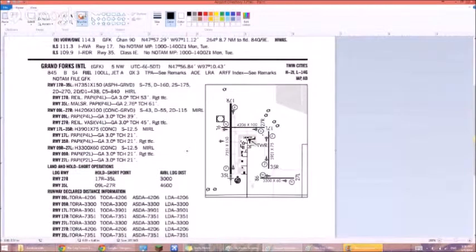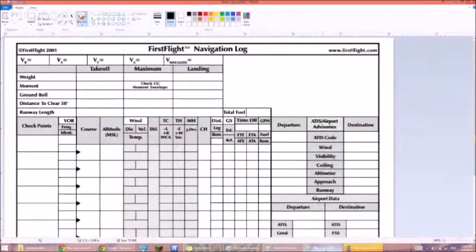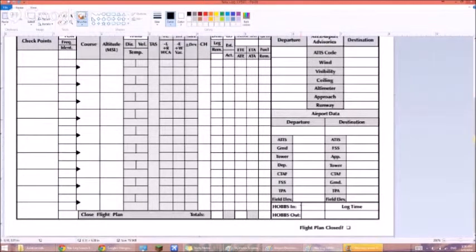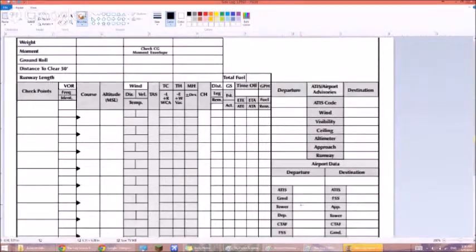And the airport diagram is the diagram of the destination airport, not your takeoff airport. I know that on the navlog that we filled out earlier, we used Grand Forks as the takeoff airport, but now we're going to use it as the destination airport.